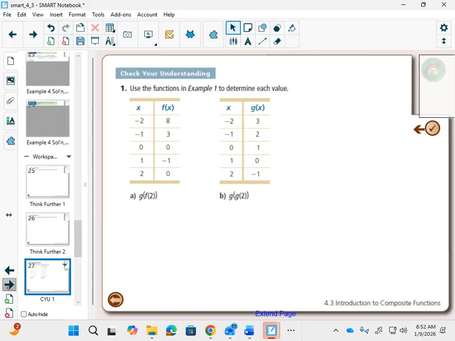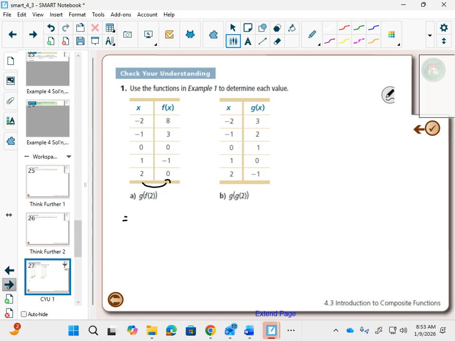Here's example 1. You want to find g of f of 2. So visually, this means that first you're going to plug 2 into f. If you plug 2 into f, can you see that out would come 0?